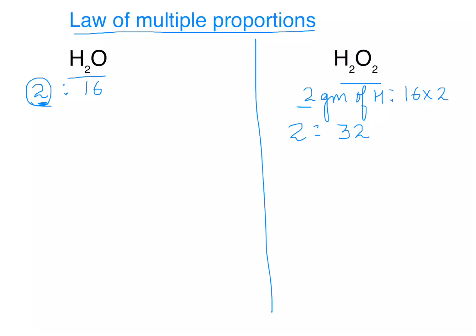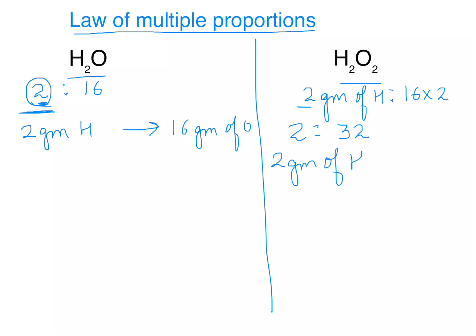In the case of water, 2 grams of hydrogen is combined with 16 grams of oxygen, right? In the second case, 2 grams of hydrogen is combined with 32 grams of oxygen. 2 grams of hydrogen is constant in both of them.